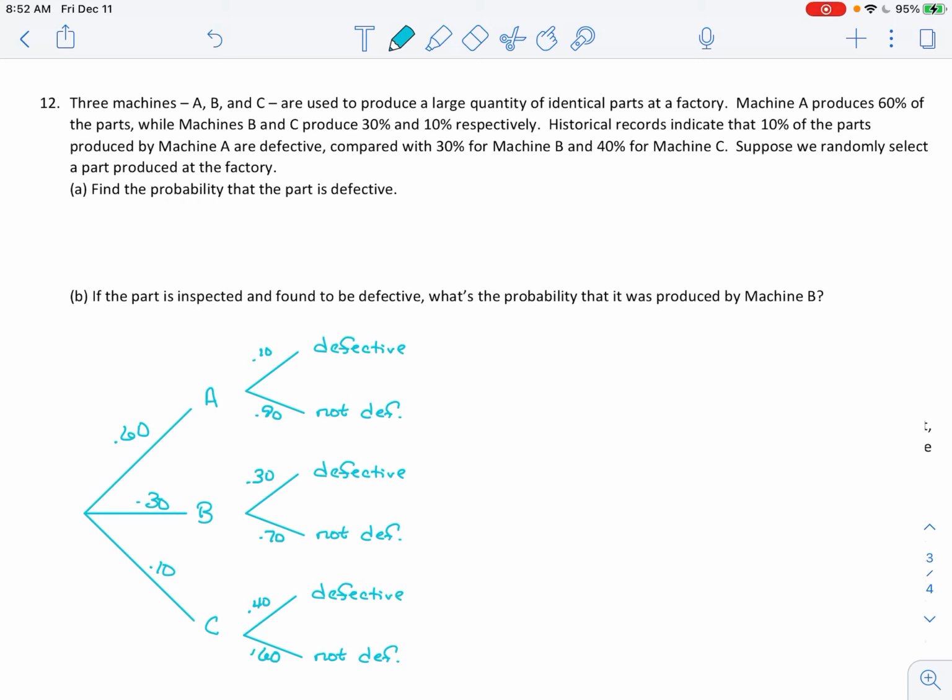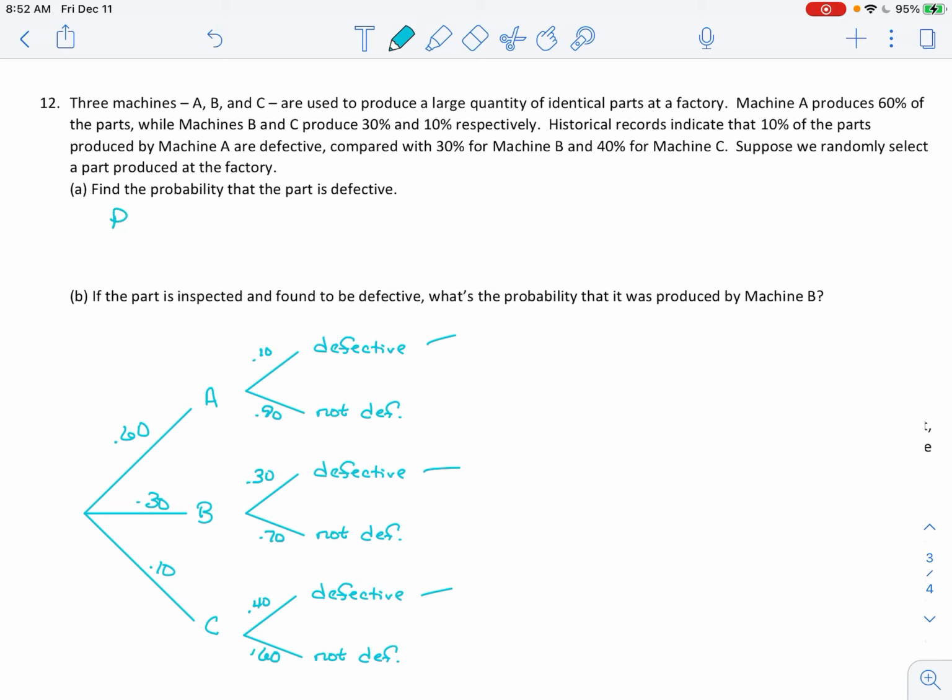We're going to randomly select a part produced at this factory, and we're going to find the probability that the part is defective. Now, there are 3 different branches that end with a defective part. So we just want to consider any of these possibly happening.